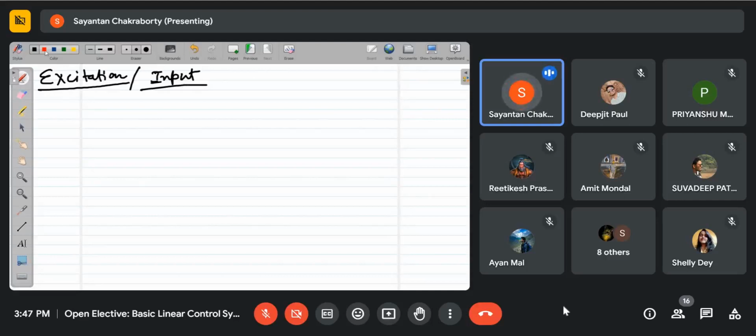The way out is that you identify a set of standard test signals. Now, what are the standard test signals?